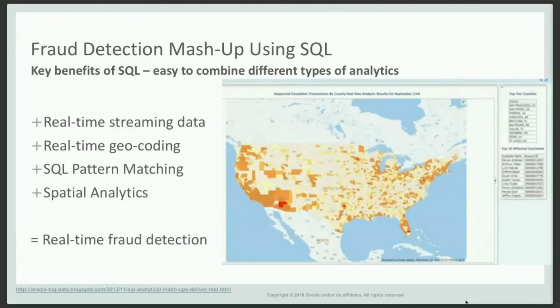And what we did for Open World a couple of years ago, and it's linked down the bottom here, when you get the slides you'll be able to see this, we combined pattern matching with geocoding and spatial analytics to create a demo whereby we could analyze fraud in real time based on locations.